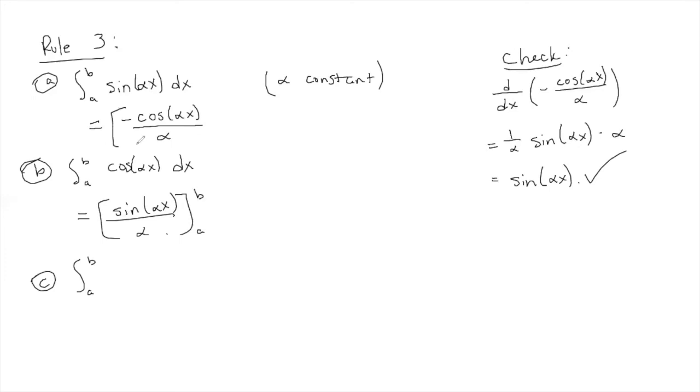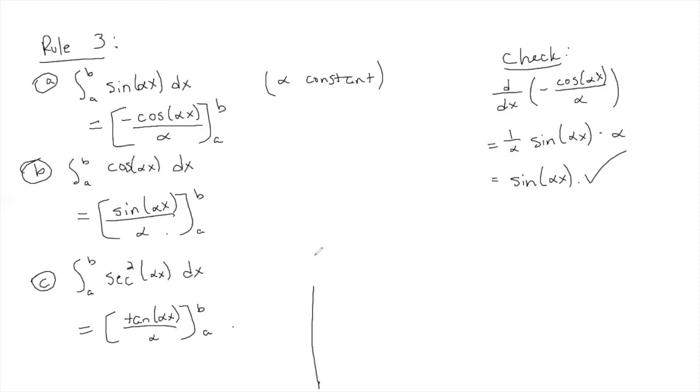I keep forgetting that. We could do secant squared of alpha x dx, right? Because I know whose derivative equals secant squared, and it's tangent. So I similarly get tangent of alpha x over alpha from a to b. Okay, so I have rule 3, a, b, and c covering the standard trig functions.